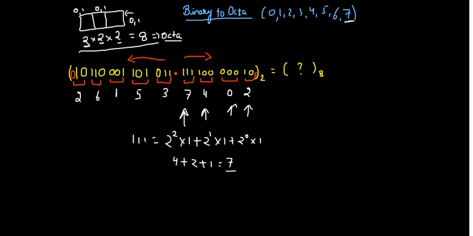Our final answer is 200, sorry, not 200, 26153.7402. Wow, even I did not expect that. It's quite big. So this is the number that we just converted from binary to the octal system.